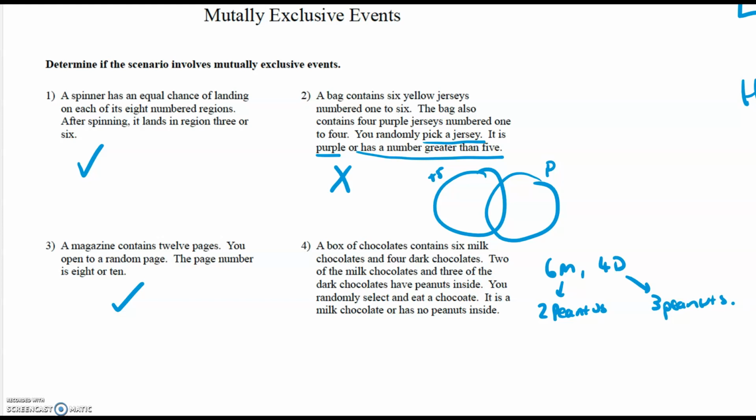It is a milk chocolate or it has no peanuts inside. So again, in this case, this would be not a mutually exclusive event because you're combining the outcomes of where you've got milk chocolate and there's peanuts inside and where you've got dark chocolate and there's peanuts inside. And then also just the fact that it's milk chocolate initially.